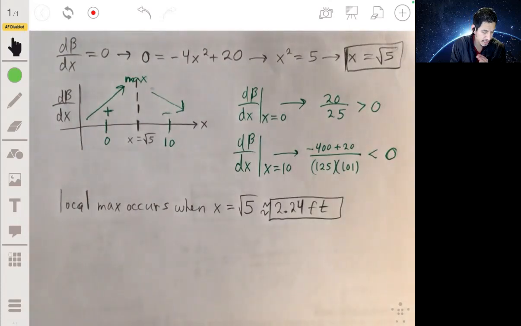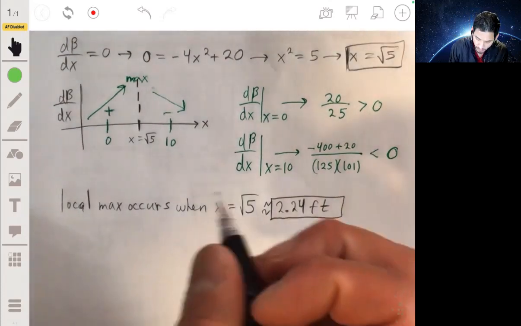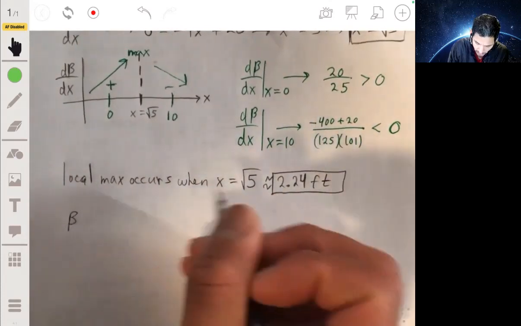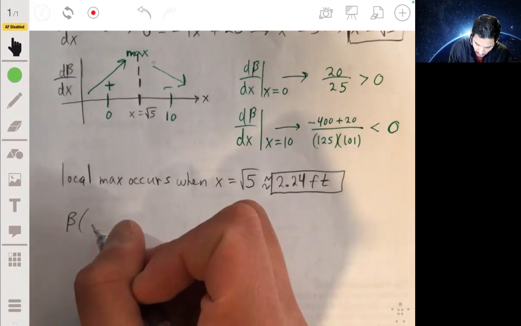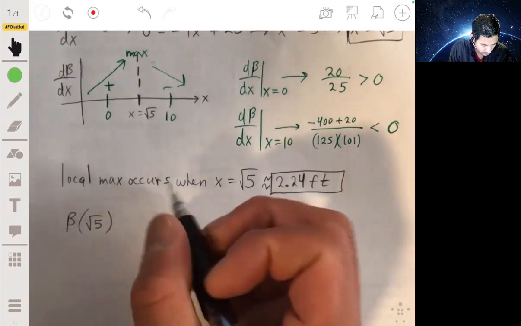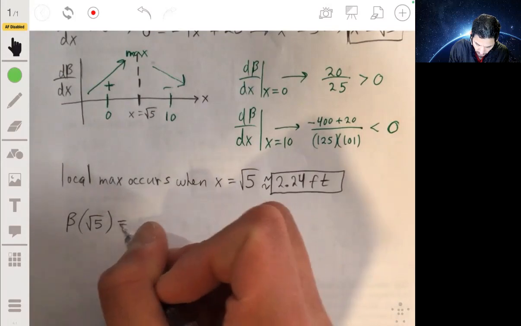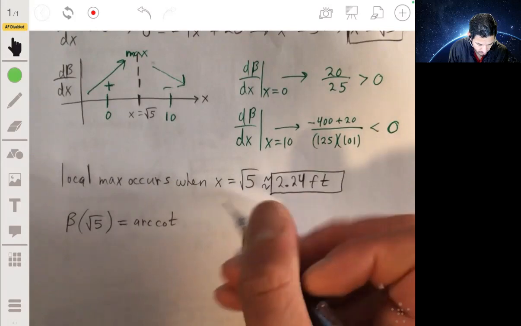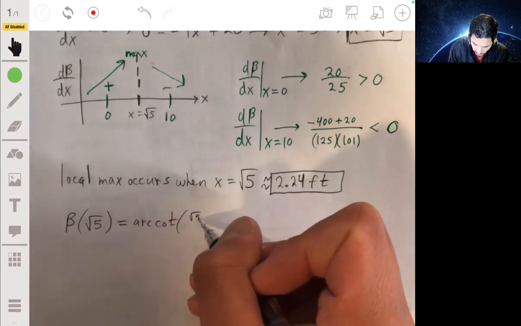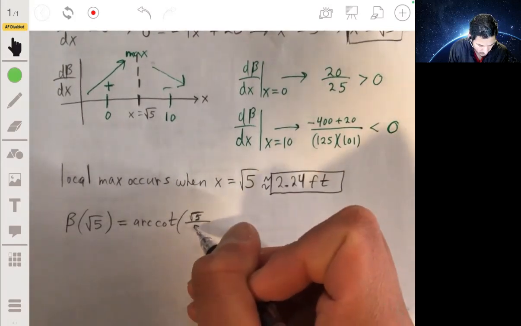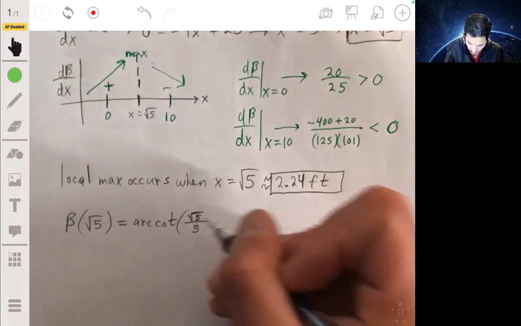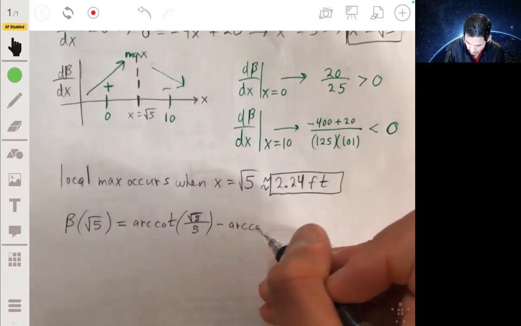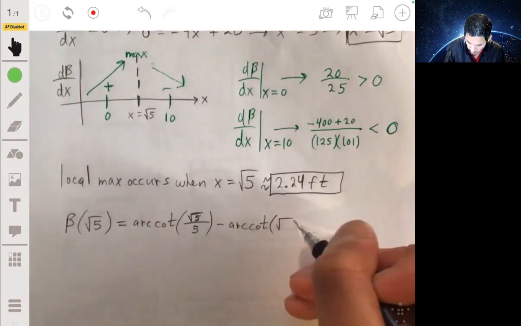And the angle that it'll get, we can figure that out by taking beta of this value, beta of x, or beta of the square root of 5. That'll be equal to the arc cotangent of root 5 over 5 minus the arc cotangent of root 5.